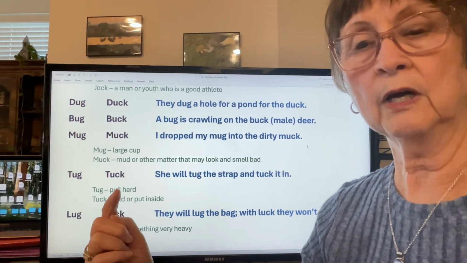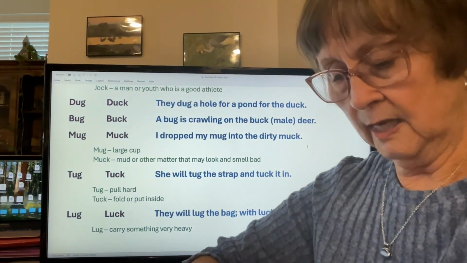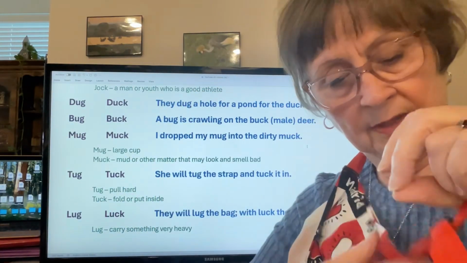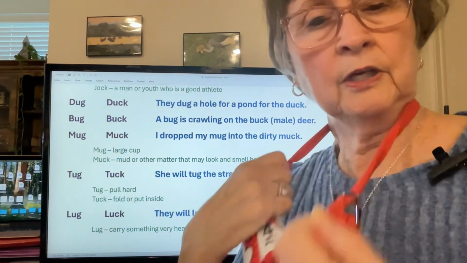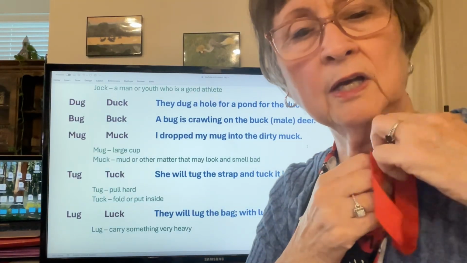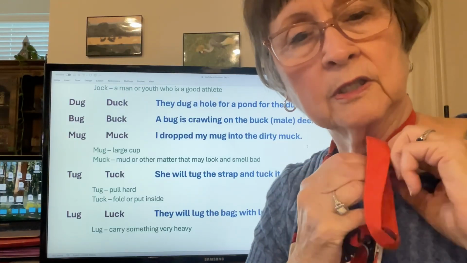Tug, tuck. Now to illustrate that, I've got this apron, like this. Here's a strap. I tug it, tug it, tug it, tug it, pull, pull, pull. And then I tuck it in so that it stays tucked.